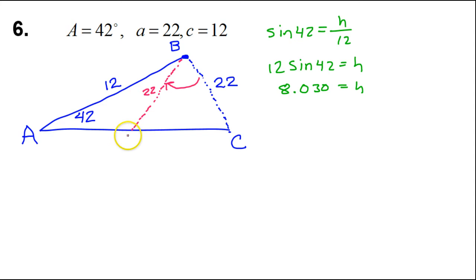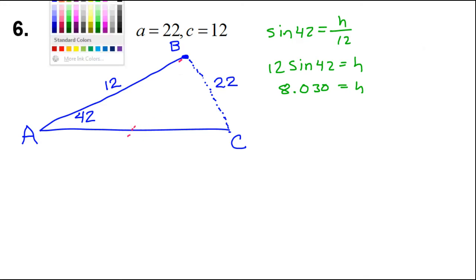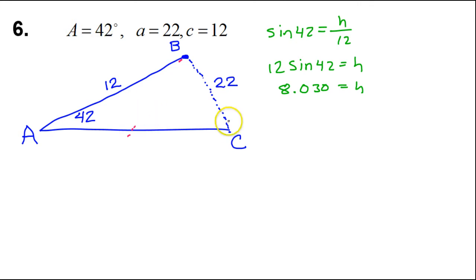So that would mean that this 22 is going to stretch outside of the triangle because it's bigger than 12. There's no way it can be contained within. So we cannot form a second triangle out of this. So we just have the one triangle this time. Alright, so this is the only triangle, so this will be relatively simple, and I can just go ahead and solve it.